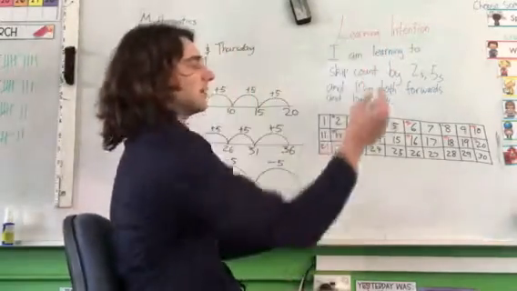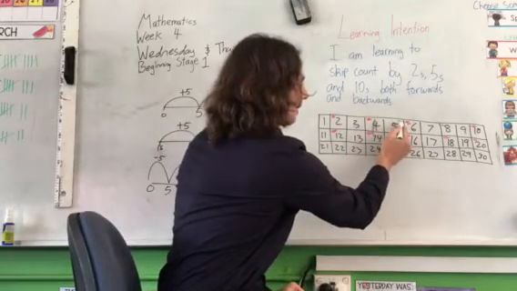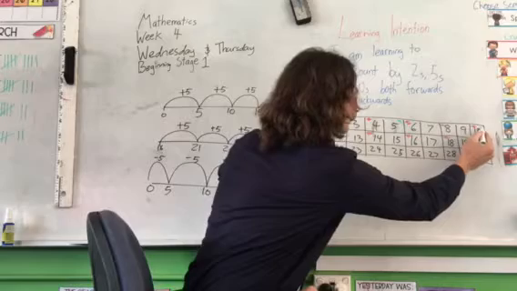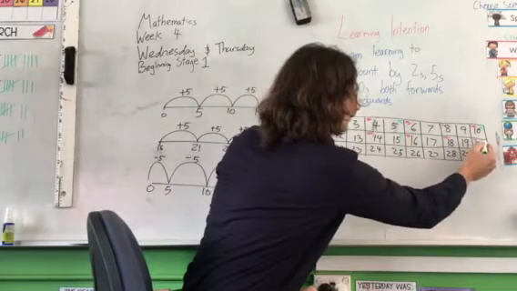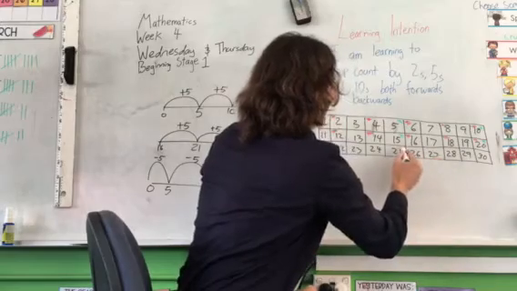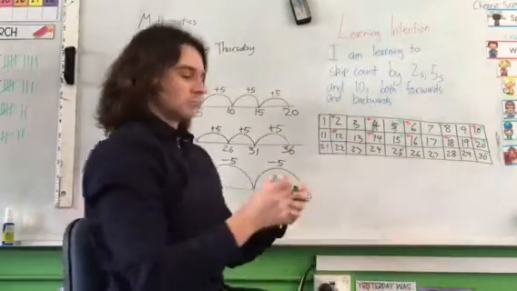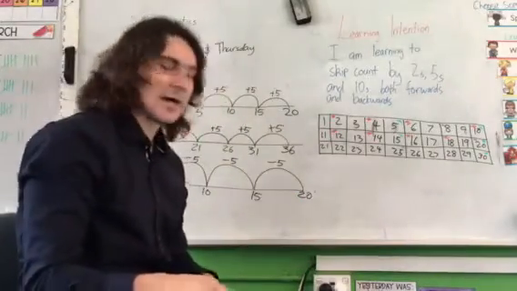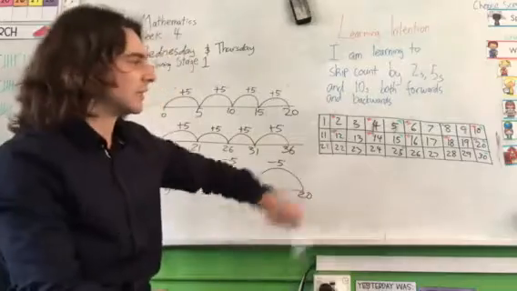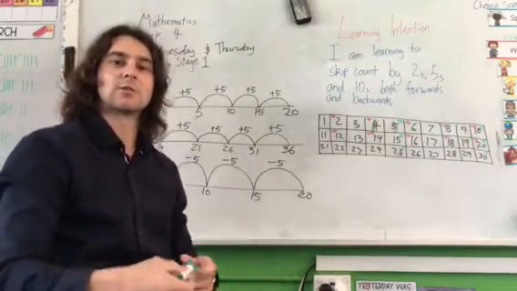I'm going to colour in the other side, green, 5, 10, 15, 20, 25, 30. Now, since I'm skip counting by a larger number, I'm not colouring in as many squares, am I? As I am with my skip counting by 2s.